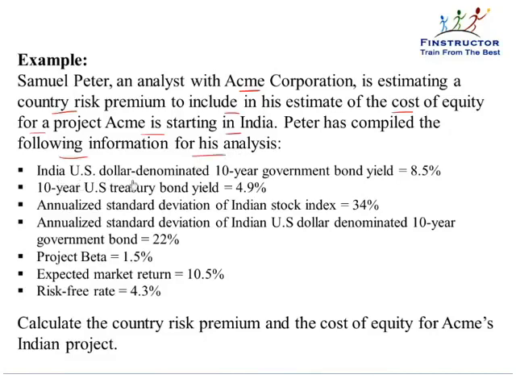India US dollar denominated 10-year government bond yield is 8.5%. The 10-year US Treasury bond yield is 4.9%. So can we compute the sovereign yield spread? It will be given as 8.5 minus 4.9, that is 3.6%.